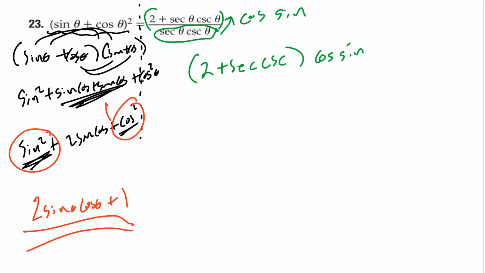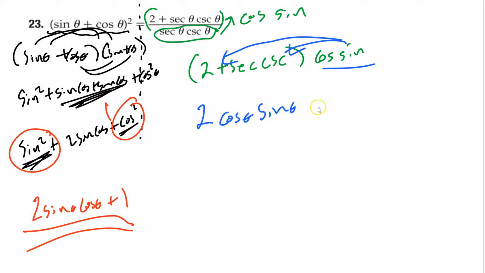So if we do that, we distribute, so we're going to multiply this by both of these. I'm going to get 2 cosine theta sine theta plus secant cosecant cosine sine. Now again, if we know anything about graphs, the reciprocal functions cancel each other out.